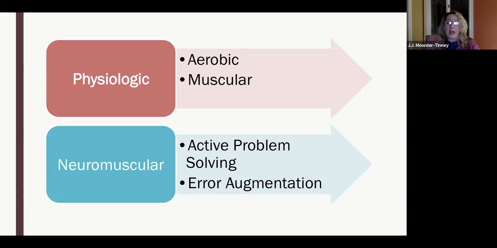Are we going to challenge, promote error augmentation and get the cerebellum to interact? Are we going to challenge them by having them dual tasking and part of the problem solving? So I'm looking at intensity as a really broad umbrella. So if you're really into definitions, yeah, this will be a little painful for you, but just think of it as more of a big picture, because I want lots of different strategies.